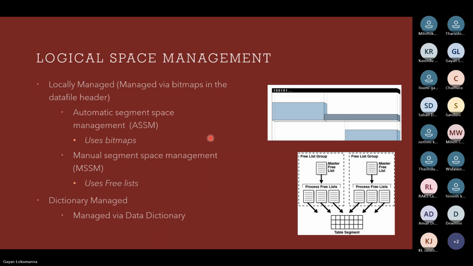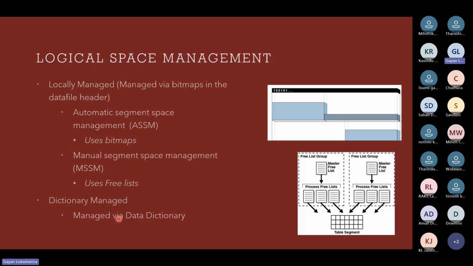We need to allocate extents when we want to insert data. We want to store data, so we need extents because we need blocks to store our records. Sometimes we might get rid of our table, and then the extents have to be dropped as well. So this extent allocation and deallocation needs to be tracked.